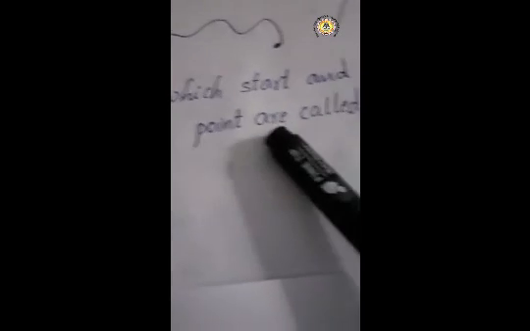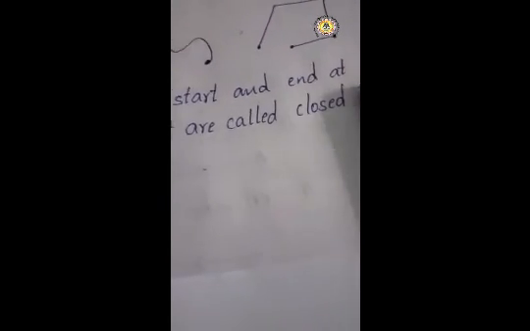Now closed figures. Look here, children. Can we enter into this picture from any side? No. Why? Because it is closed. That's why this type of picture is called a closed figure. Closed figures are figures which start and end at the same point.